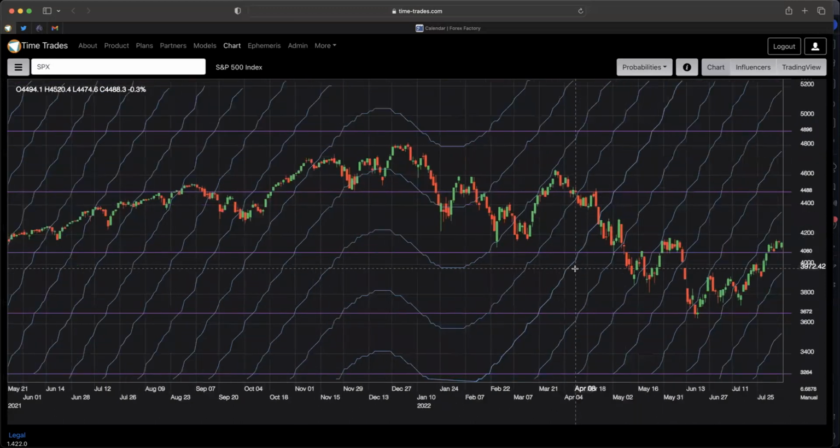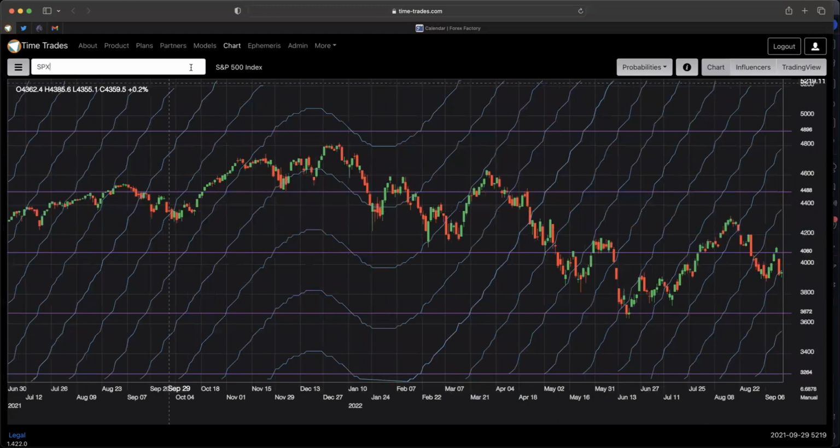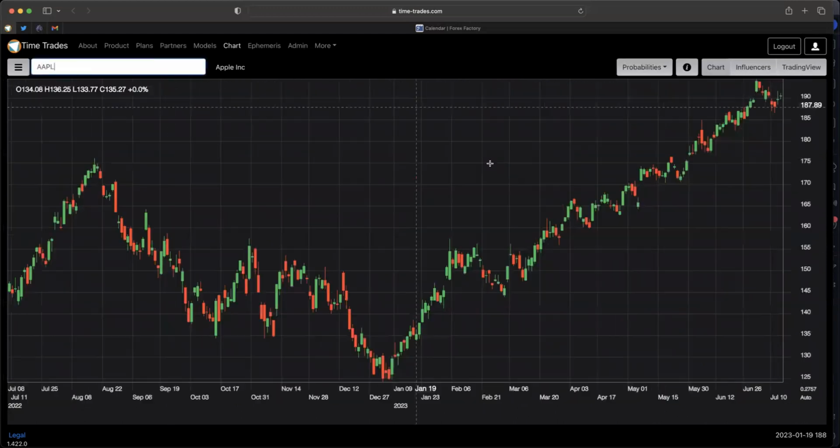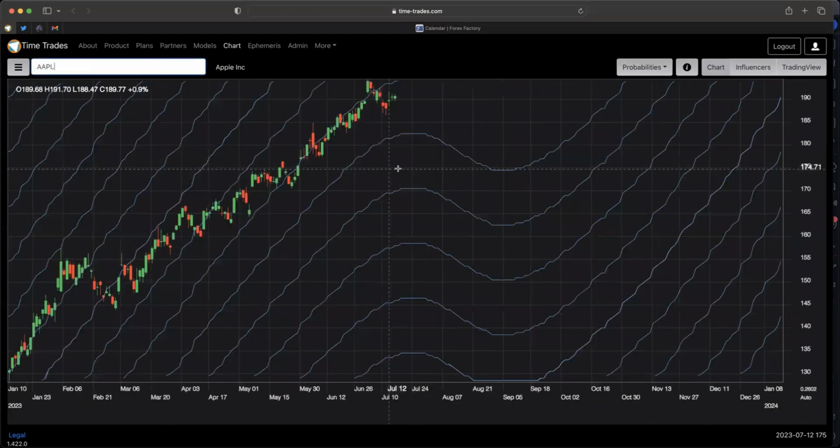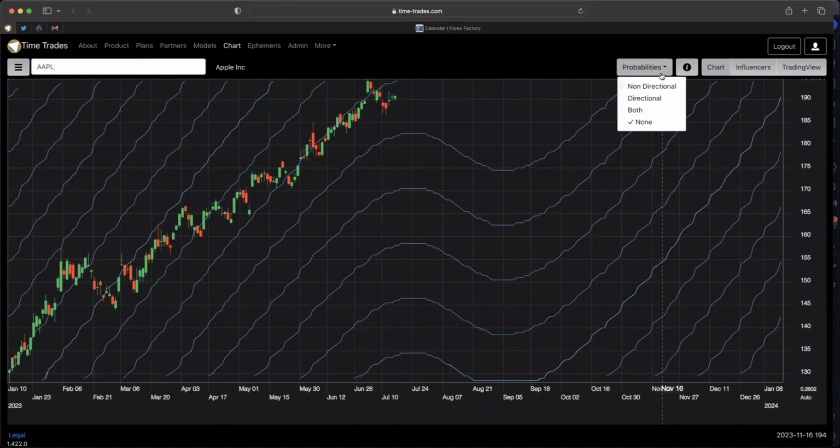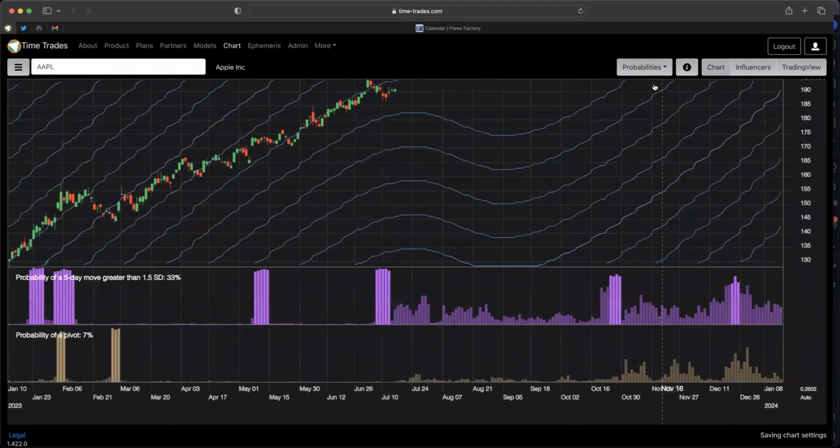Okay, so let's go and take a look at Apple. Again, we're building towards updating our forecast here. So if we go and turn on pivots in Apple, I like to use the non-directional probabilities. So we can see here we've got increasing probabilities of a move and a small little area of increased pivots.